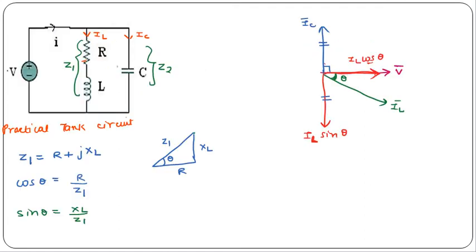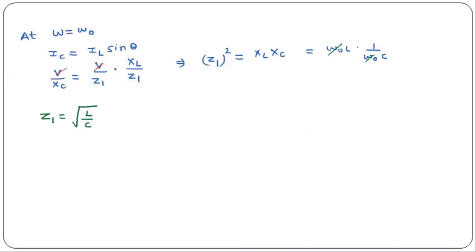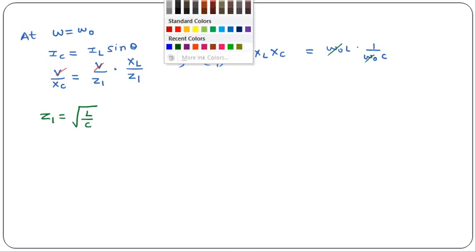Now again, from this phasor we can see that I_L cos theta will be equal to the total resultant current I. Because at resonance the circuit is purely resistive, and in a purely resistive circuit current and voltage are in phase.